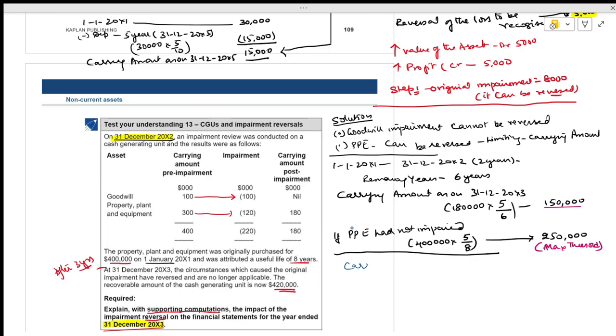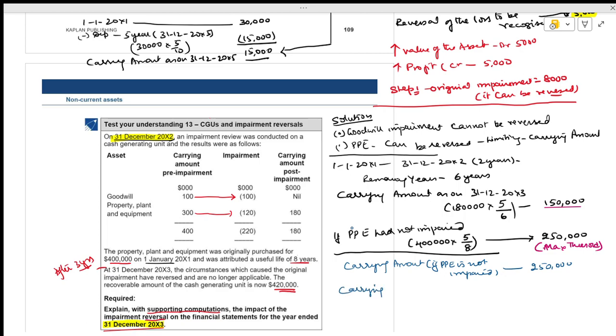Carrying amount if PPE is not impaired. How much is there? 250,000.